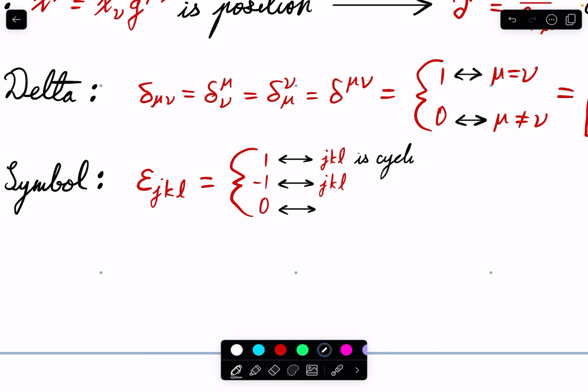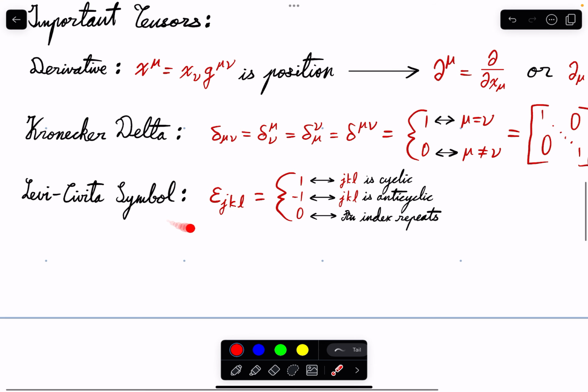This is if it is cyclic, is anti-cyclic, and this is if an index repeats. So the Levi-Civita symbol is actually a matrix that has entries that satisfy this.